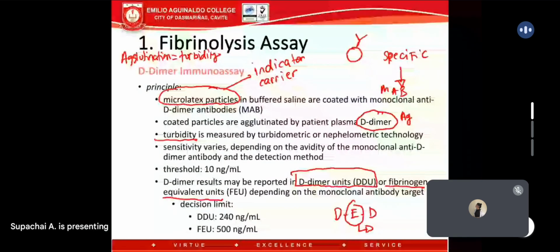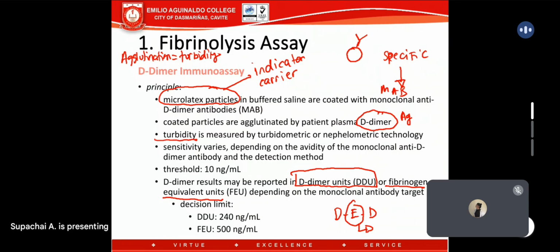The decision limit, if you are using DDU as the unit of measurement, is up to 240 nanogram per ml. But if you are using FEU, the decision limit is up to 500 nanogram per ml. What does it mean? Ano ba yung decision limit?